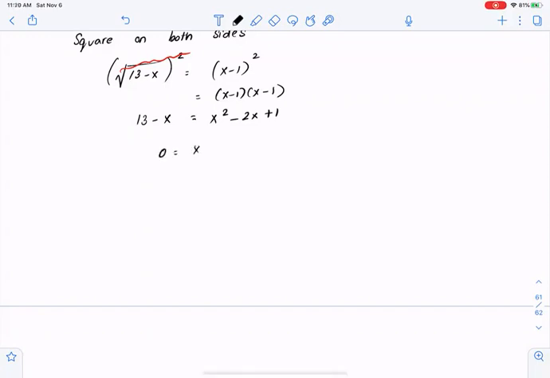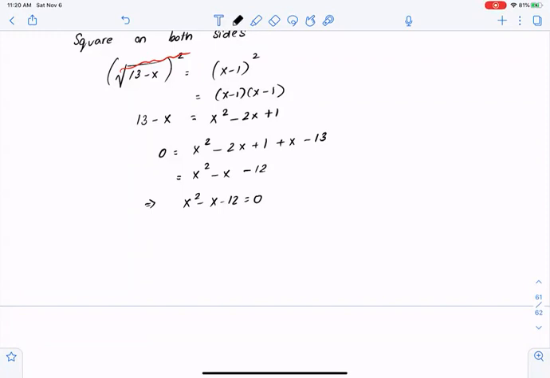So 0 would be equal to x squared minus 2x plus 1 plus x minus 13. x squared minus x minus 12. So the equation that I have to solve is x squared minus x minus 12.